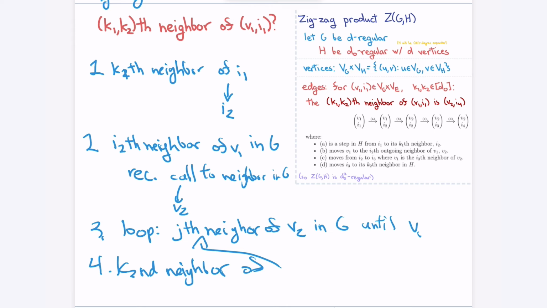You need to recursively call the neighbor in G, so you know where you are in G and H. H is constant size. H is a fixed known expander. The whole thing has 100 bits. So we're getting lucky here.